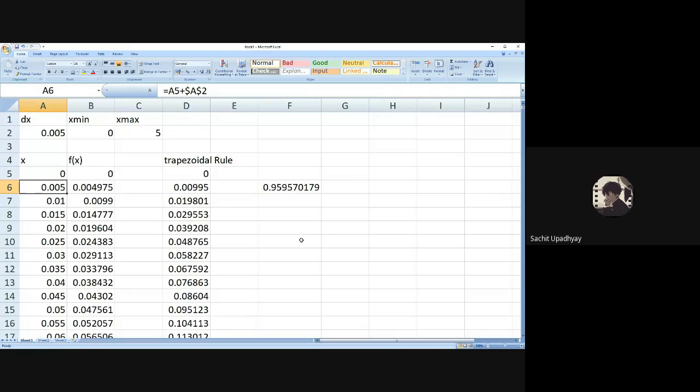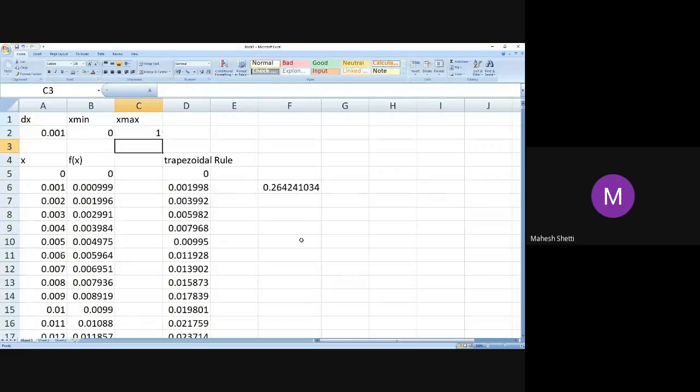Suppose from 0 to 5 it is given, I can take 0 to 1 and take the smallest dx possible for me to calculate, and then take the answer using that partition 0 to 1, and do the same for 1 to 2, 2 to 3. But what it means is, instead of doing iteration for 1 to 1000, you are doing 1 to 1000 five times.